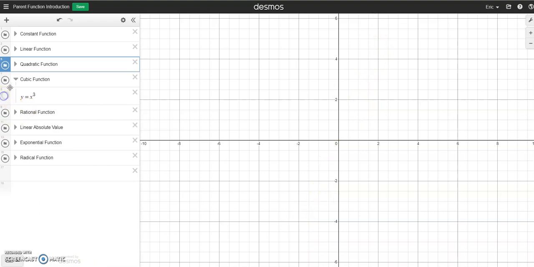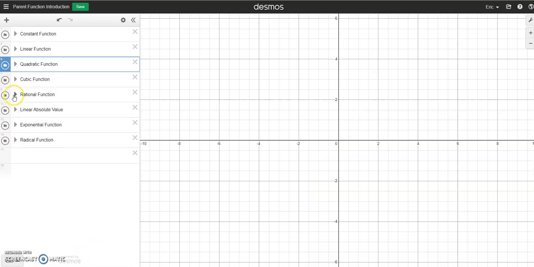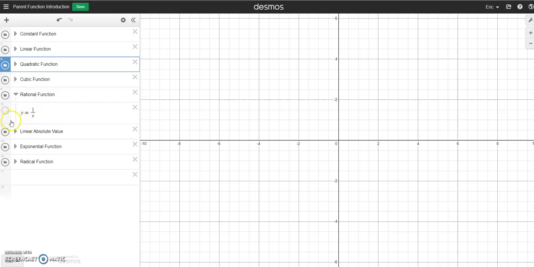All right, that's cubic. Now let's go to rational. Rational, y equals 1 over x. I'll turn it on, and we see these two little curves here. First thing I want to point out, rational, the way you spell rational, R-A-T-I-O, ratio, a comparison of two quantities.